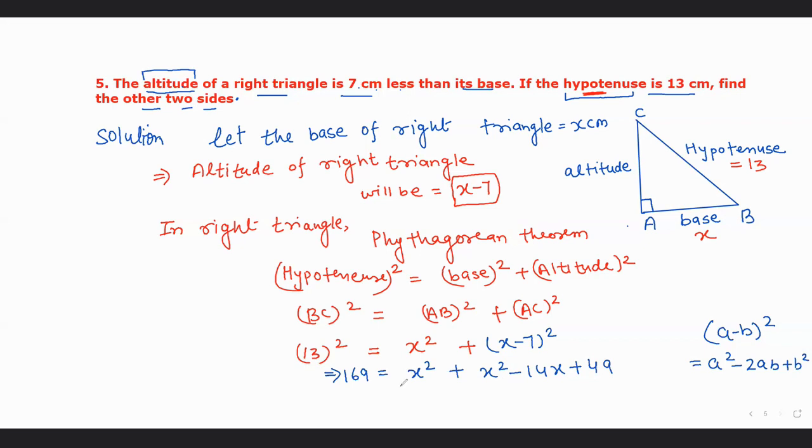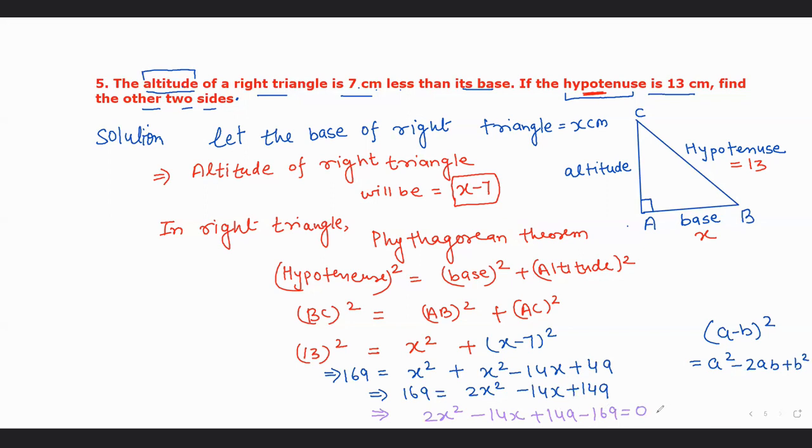So if you solve this equation further, we have 2x square minus 14x plus 149. Then if you simplify further, we get 2x square minus 14x plus 149 minus 169 equal to 0.